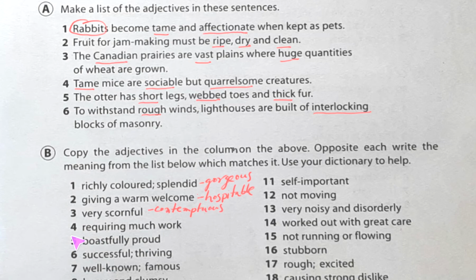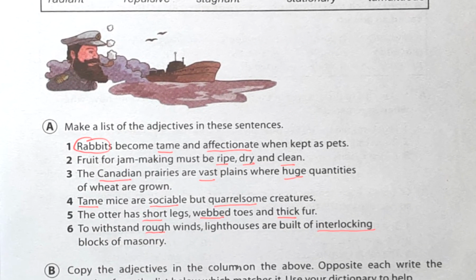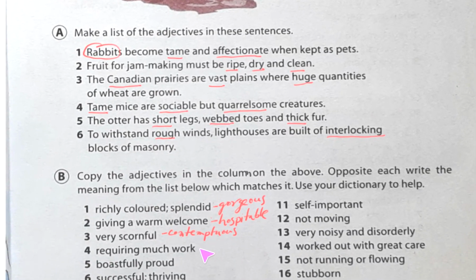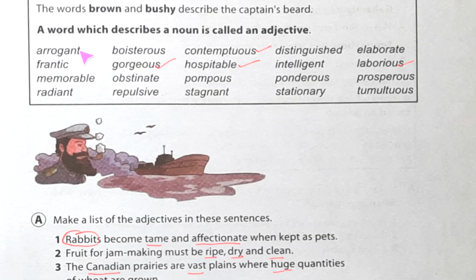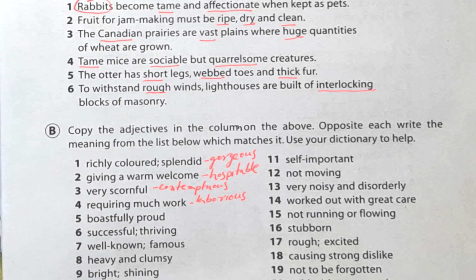Number 4, requiring much work. This will be laborious. Write it here, laborious. Okay. So next one, boastfully proud. Its answer will be arrogant. So we will write in this place, arrogant.